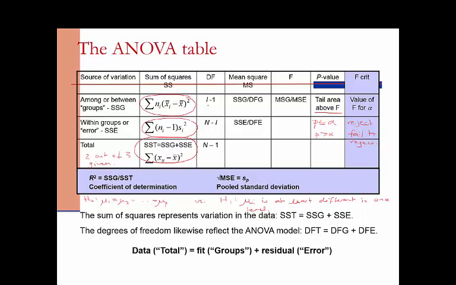Okay, now to understand degrees of freedom. This first one, between the groups, about the treatments, the levels, is basically the number of levels minus 1. There are i different levels in this example.